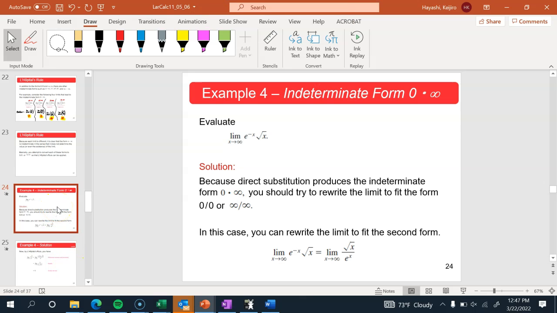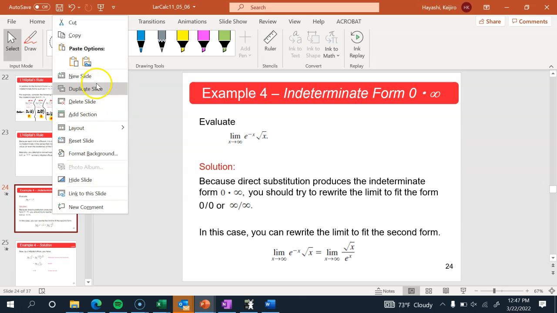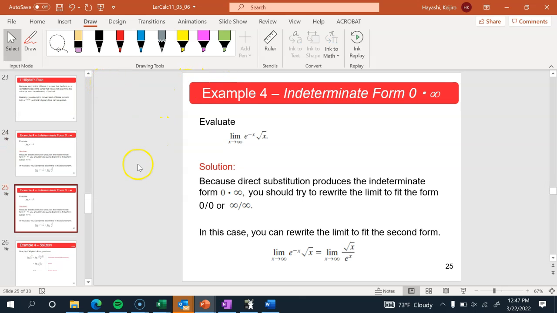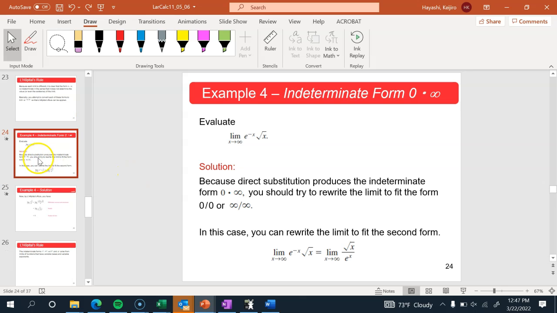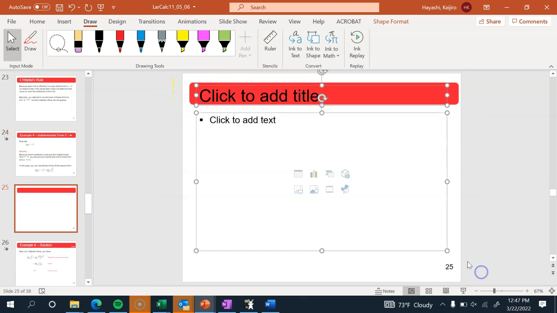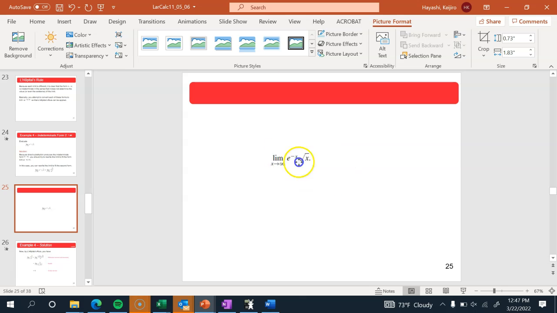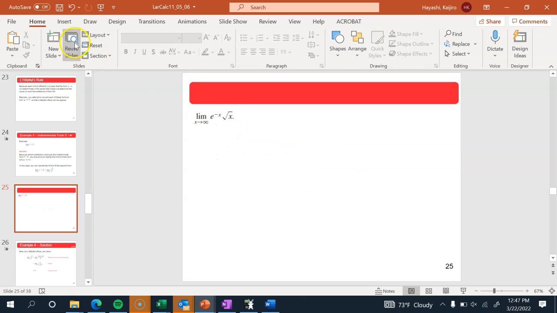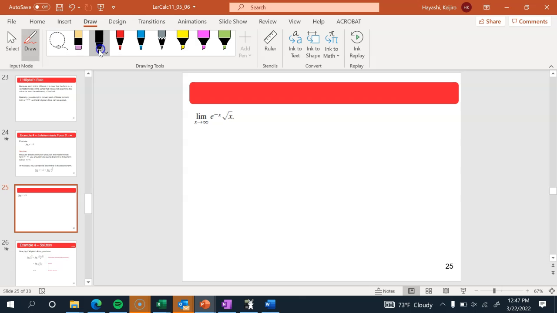So if you had this limit here, and you tried plugging it in as it was, another way of saying this would be the limit as x goes to infinity of 1 over e to the x times the square root of x.